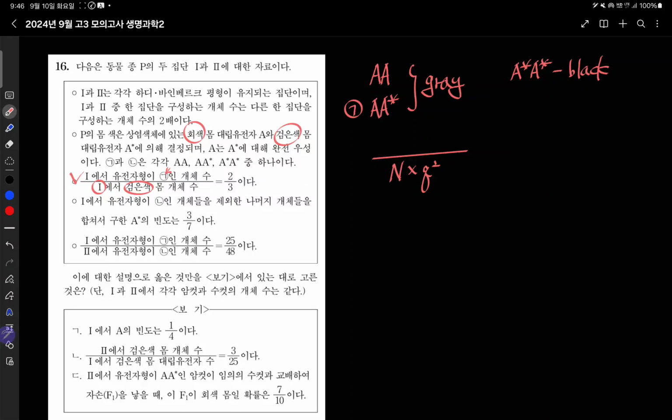In such case, the number of individuals with the genotype is n times 2pq, and n cancel, q cancel, and if this is equal to 2/3, that means the ratio of p and q is 1 to 3. And because the sum of p and q is 1, that means the frequency of p is 1/4, and frequency of q is 3/4.